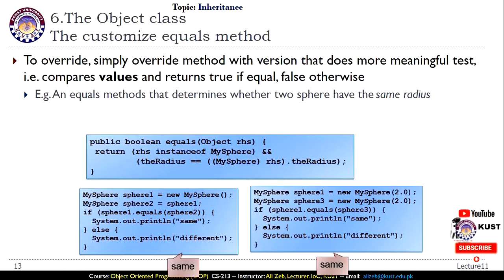In this case, the two objects are the same because it has been converted to the subclass's object, and we can see that now they are pointing to the same location in the memory.